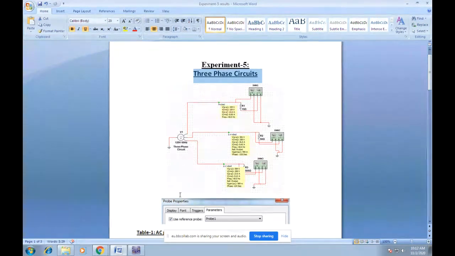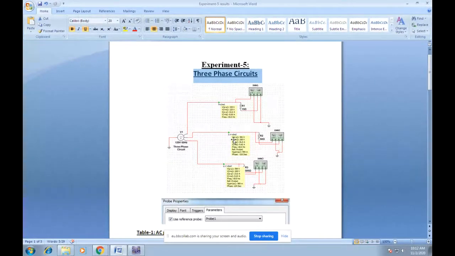You can see here, you will learn how to find the peak-to-peak voltage, the peak-to-peak current, the RMS voltage, the RMS current, the frequency, the phase, and the AC gain. These are the various parameters we are going to evaluate in experiment number 5.